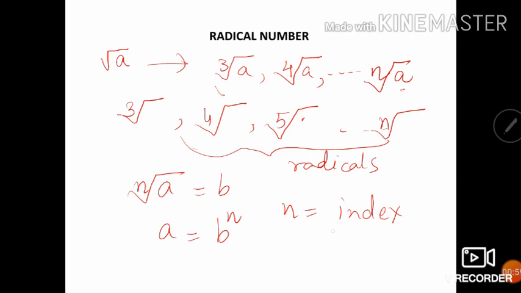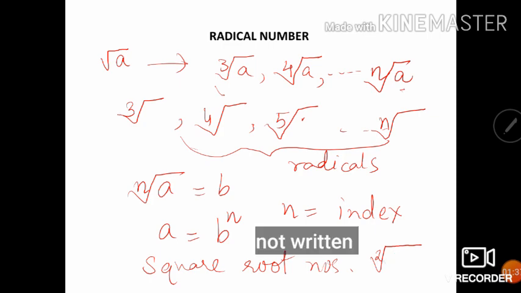In this chapter, we will only learn about the operation of square root numbers. In case of square root, the index number is 2, which is omitted.